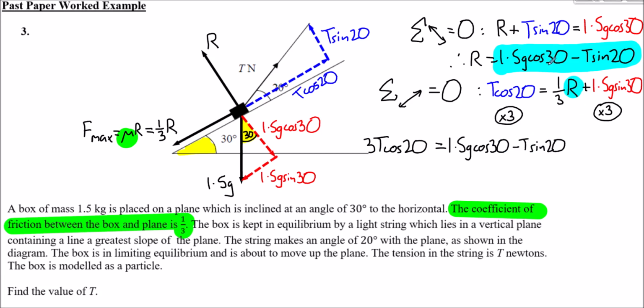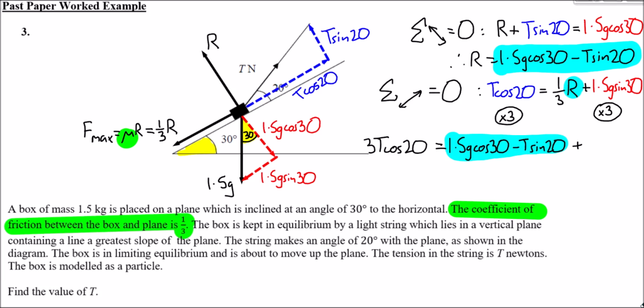I wanted 1/3 of this, but because I'm multiplying both sides by 3, I just end up with this expression for r. And then, at the end, we were adding 1.5g sine 30. We also need to multiply that one by 3 as well, so 1.5g sine 30 multiplied by 3 gives us 4.5g sine 30.